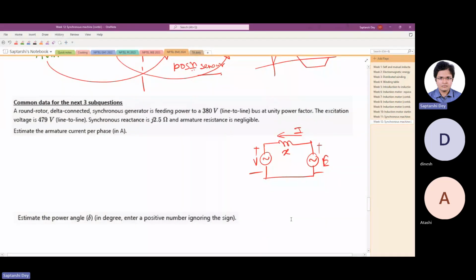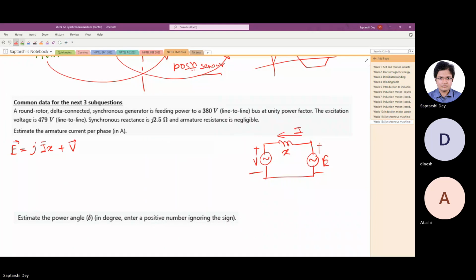So what is the equation then? E is jIx plus V. And it is feeding power at unity power factor.